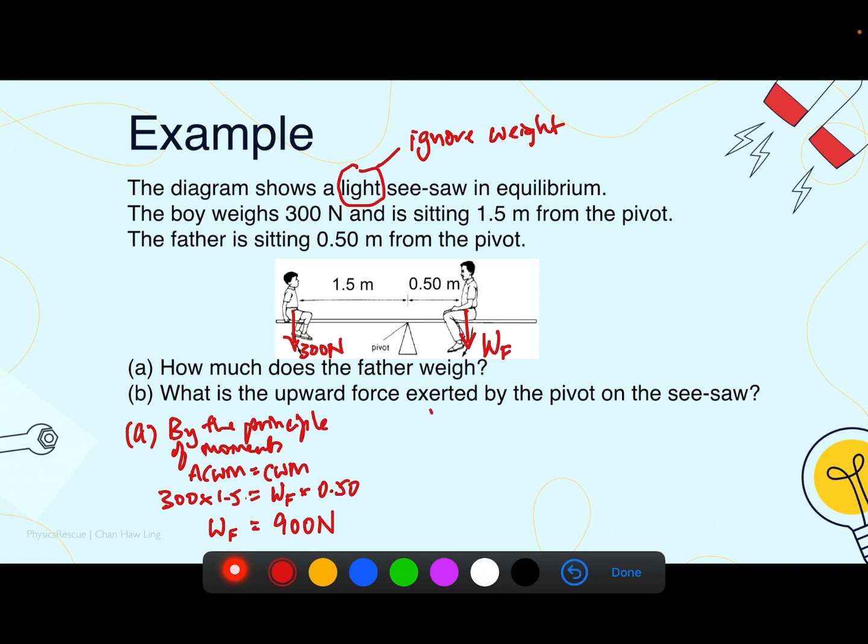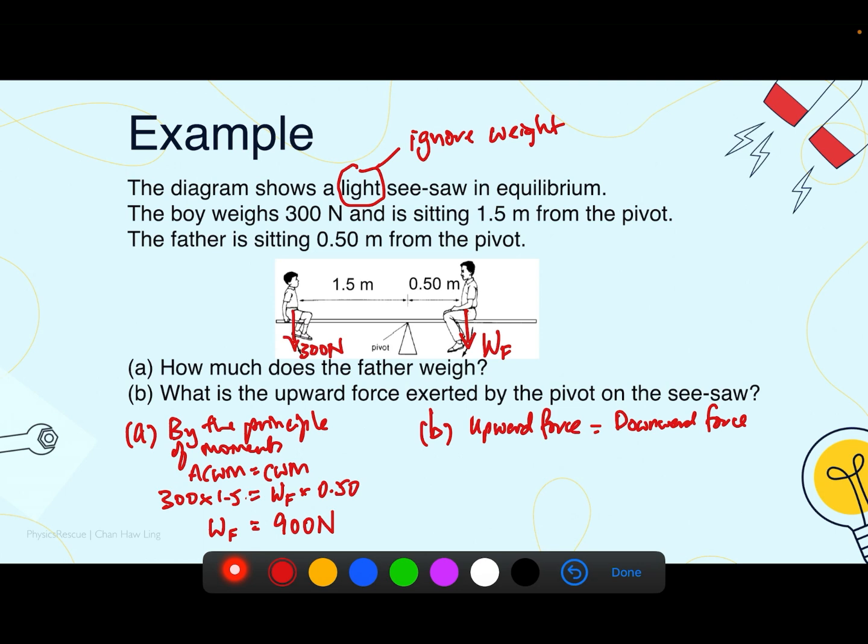Now for number two, you will need to apply the second condition for equilibrium, and that is the total resultant force is 0. So when the resultant force is 0, that means the upward force will be equal to the downward force.